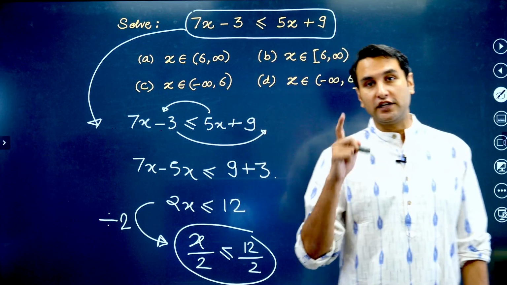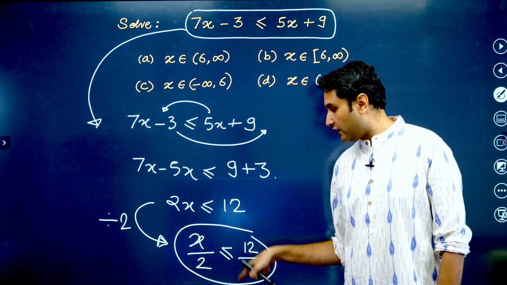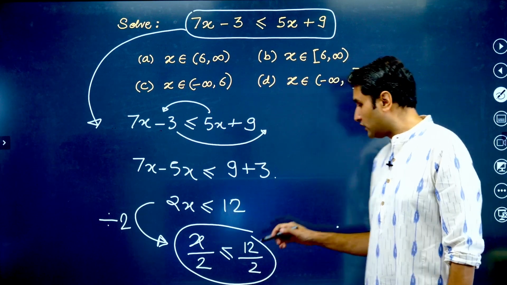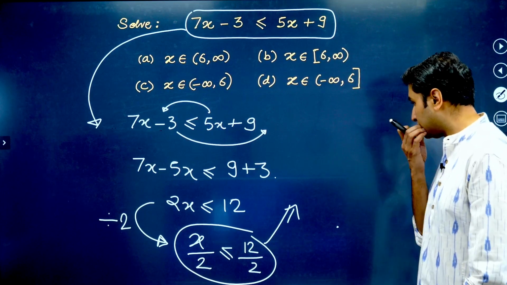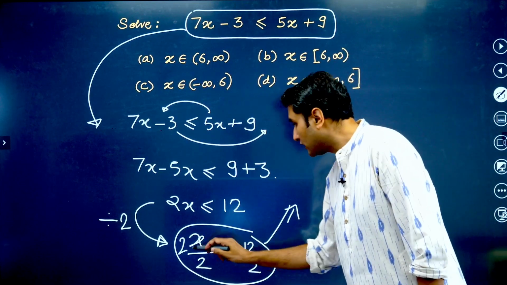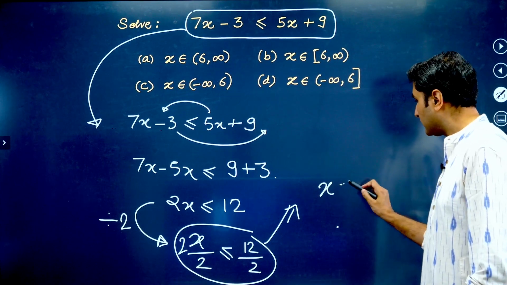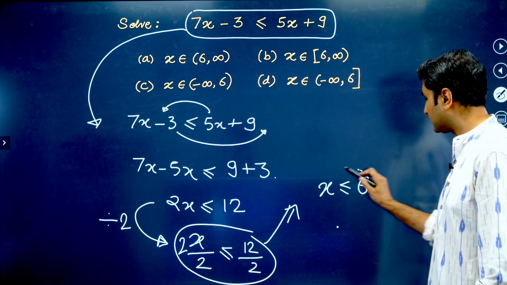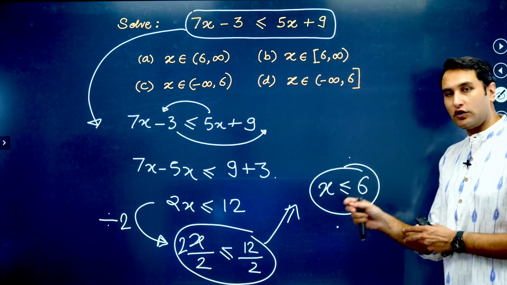No. Inequality only changes when you divide by a negative number. I am dividing by a positive number 2. So what does it become? 2x by 2, the 2s cancel. It becomes x less than equal to 6. This is your answer, x less than equal to 6.